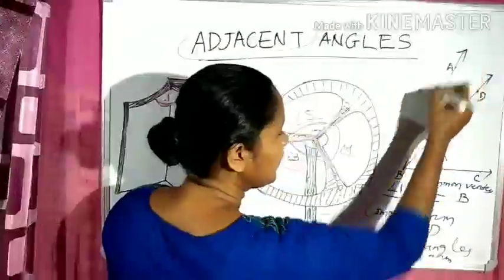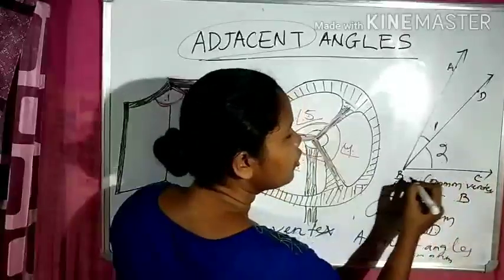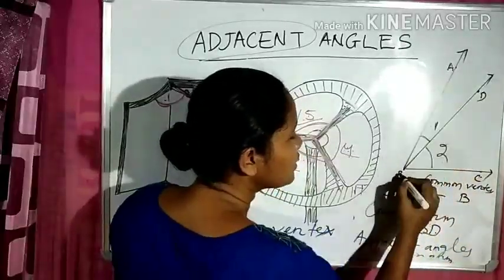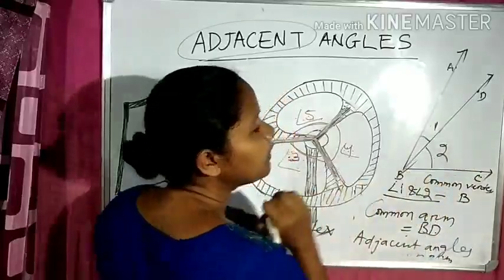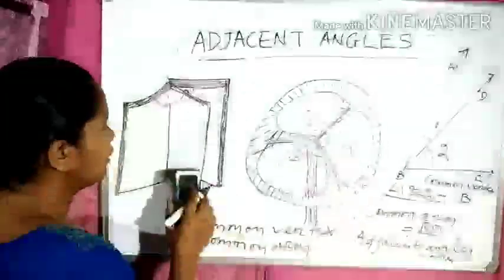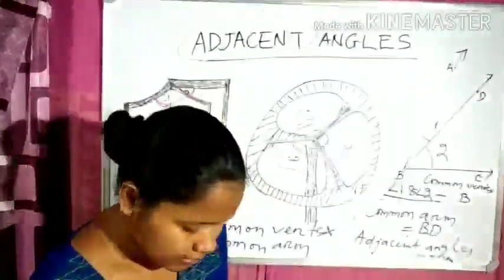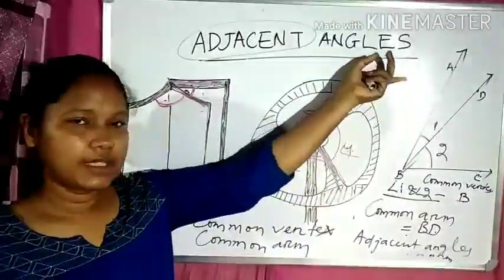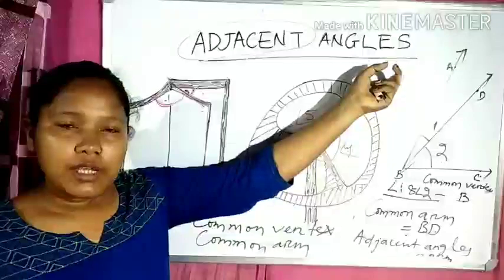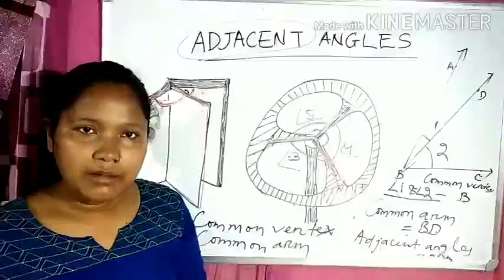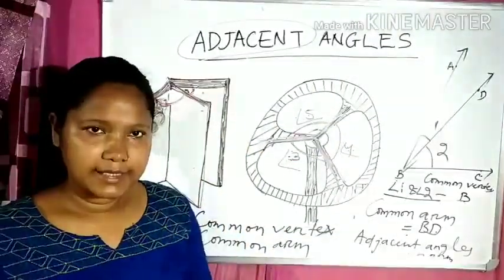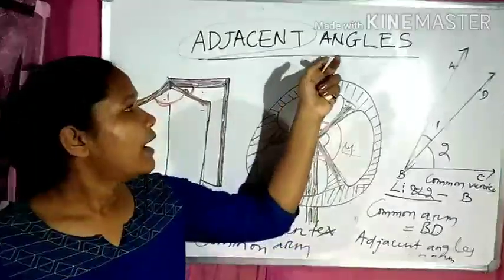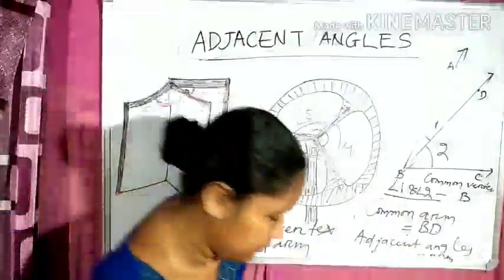The non-common arms are AB and BC, which are present on the two sides of the common arm BD. So now we have studied what an adjacent angle is. Those angles which have a common arm and common vertex are known as adjacent angles.